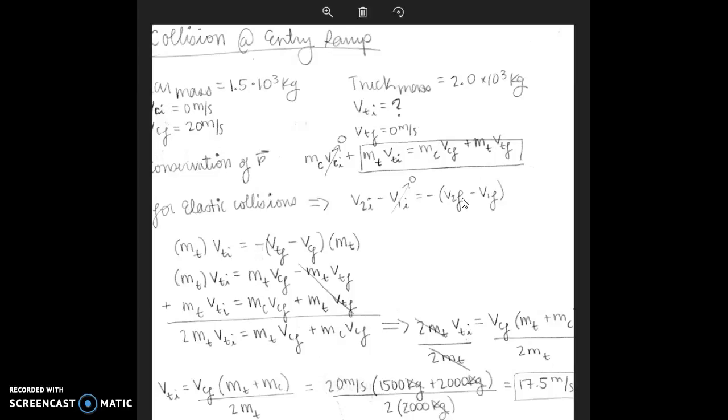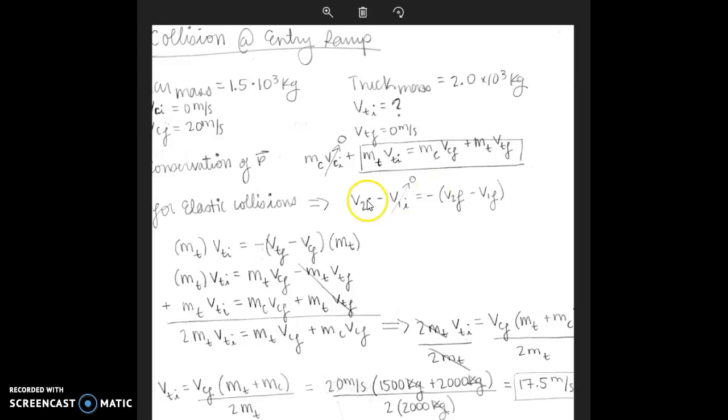And the relative velocity is in the opposite direction after a one-dimensional collision, so the objects move together, collide, and then move apart. So what this means is that the initial velocity is the same as the final velocity, except in the opposite direction. That's why there's an extra minus sign there.